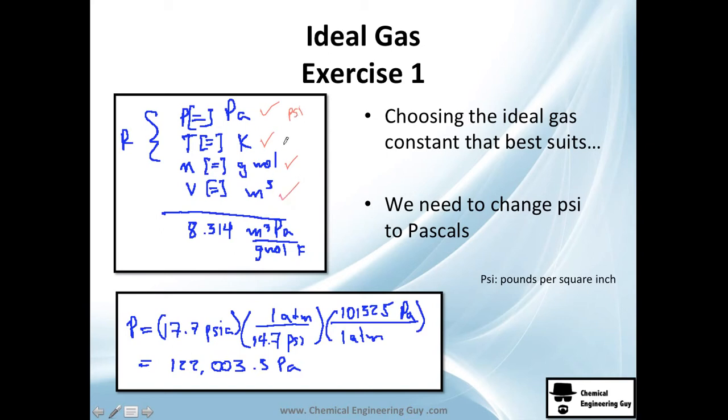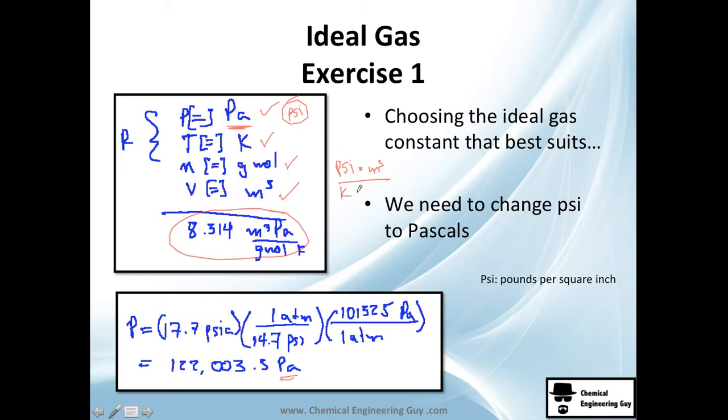So I will change this pressure, because I know this one, rather than look in the table for psi, because it will be a waste of time. I'd rather change this pressure to pascals than look for a special unit, which would be psi times cubic meter.